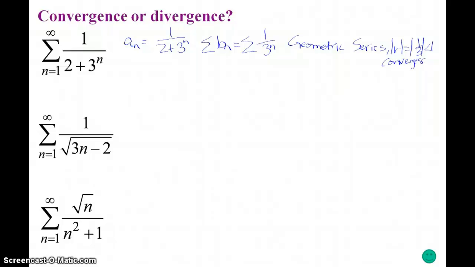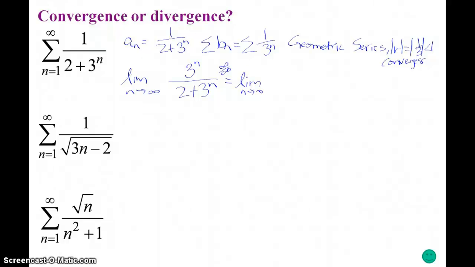Then all I have to do is plop it in the limit. As n approaches infinity, in the first step, I can go ahead and do the algebra, and if you can do this, that's fine. This is 1 over 2 plus 3 to the n over 1 over 3 to the n, where I have flipped the bottom and multiplied it straight across. It is infinity over infinity.